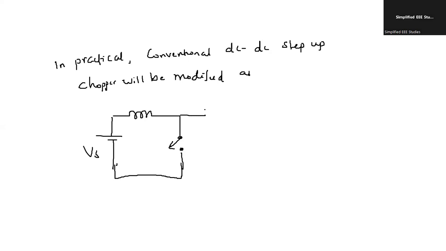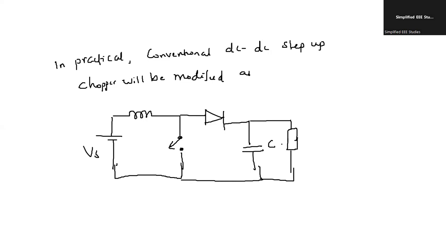Later, we'll be using the power diode for conduction. Then we'll keep the capacitor, which supplies the load. We call it a DC link capacitor. We are going to maintain the output constant using the capacitor. So this is your switch, diode, inductor, I S and I naught.